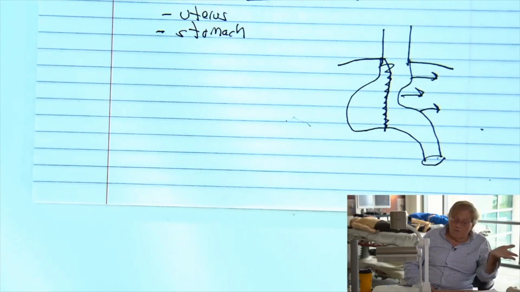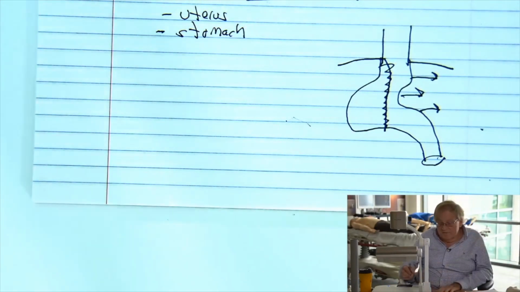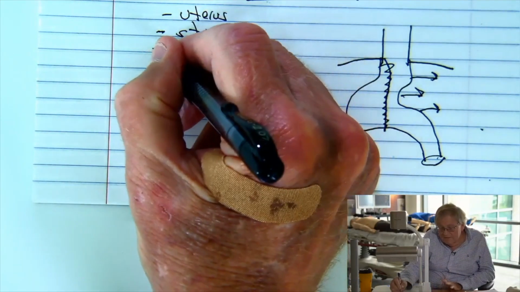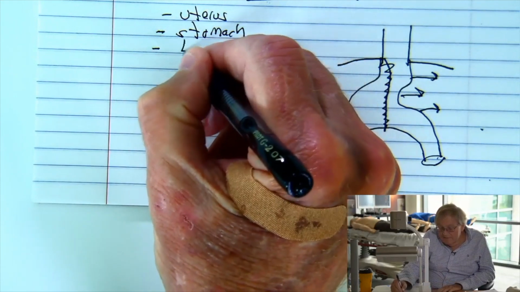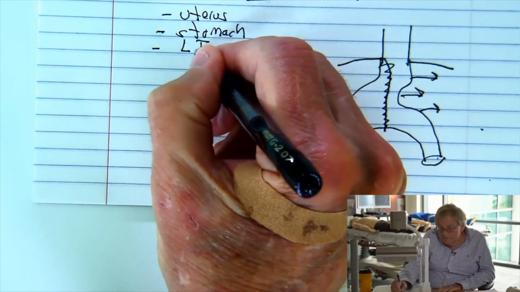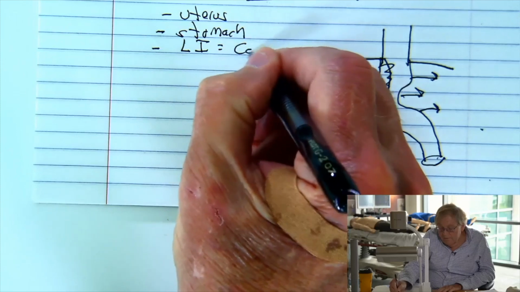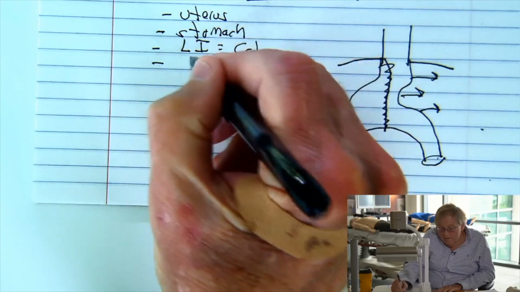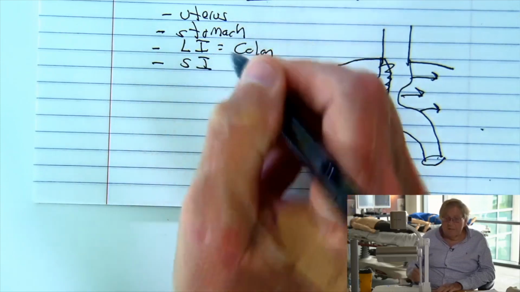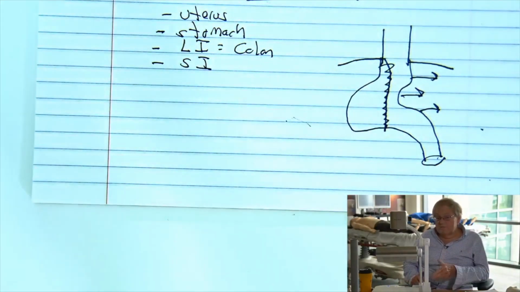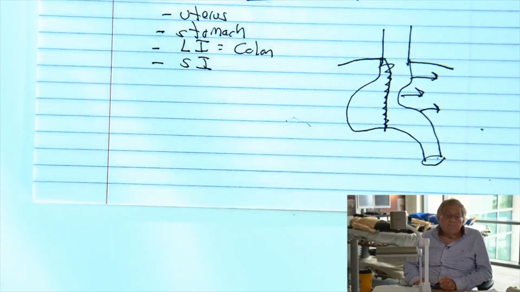Same with your colon, my large intestine. All of those structures, think of the large intestine or the colon, LI equals colon, or the small intestine, which we'll talk about being the duodenum, the jejunum, and the ileum. Those structures are going to be smooth muscle.